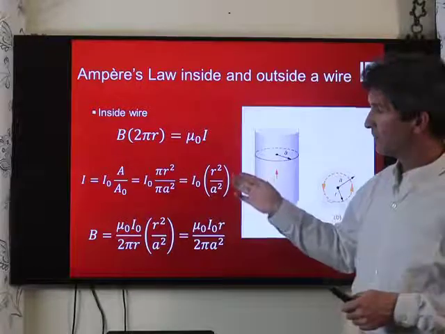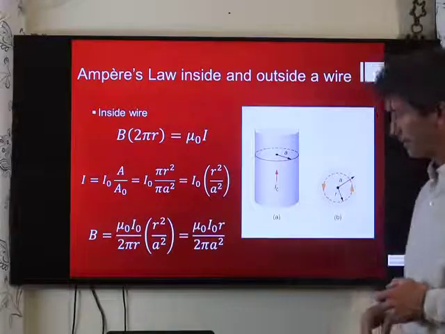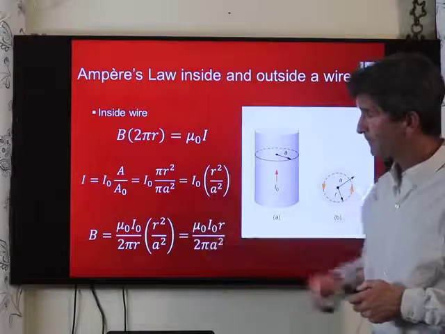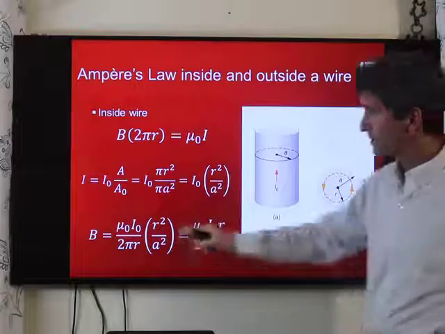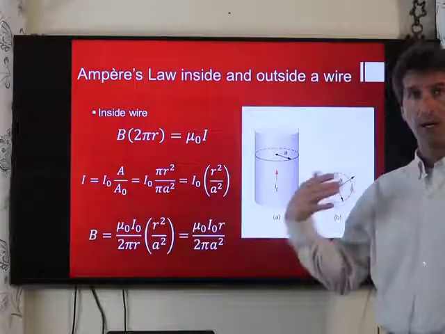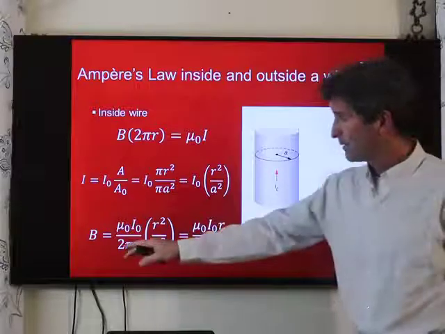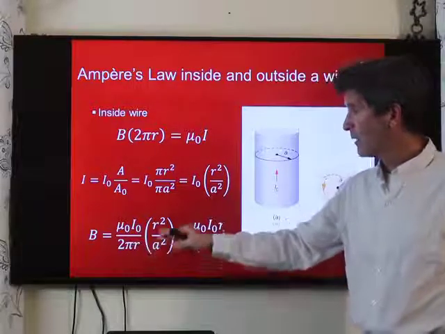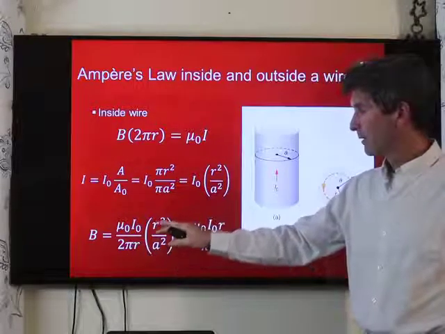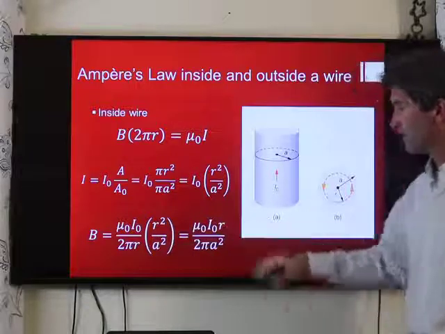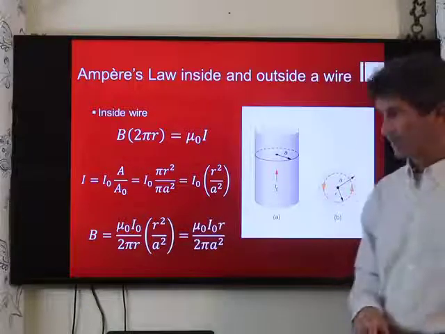So, reinserting this back into our original, we get that the magnetic field is equal to mu0 times I0, I0 again is the total current, divided by 2 pi, r squared over a squared. r squared divided by r becomes r, and this becomes our new expression.